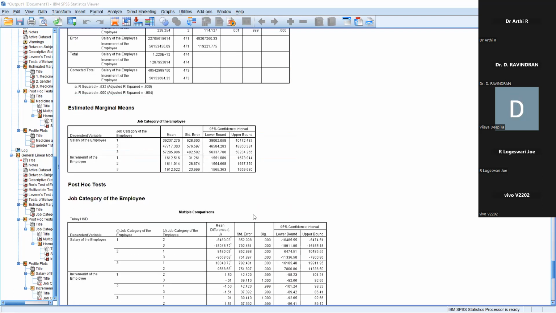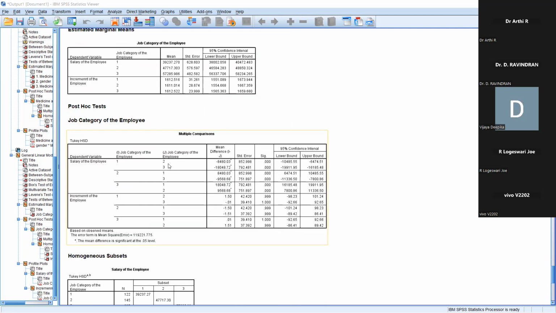Right. So in estimated marginal means, you find that the salary level for group 1 category is less. For group 2, it is slightly higher. For group 3, it is even higher. Whereas the increment value is more or less the same for all the 3 job categories. That is why it was found not to be significant.